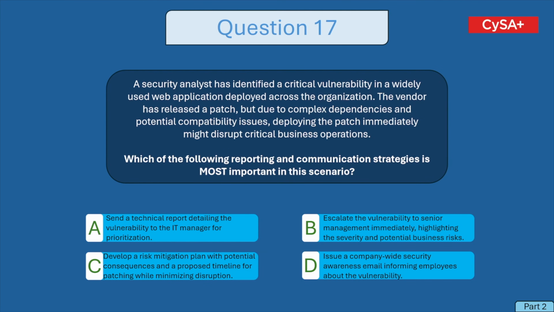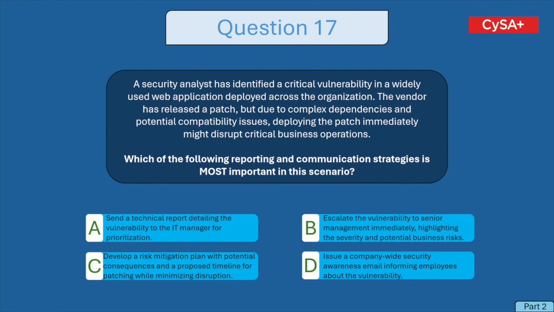Question 17. A security analyst has identified a critical vulnerability in a widely used web application deployed across the organization. The vendor has released a patch, but due to complex dependencies and potential compatibility issues, deploying the patch immediately might disrupt critical business operations. Which of the following reporting and communication strategies is most important in this scenario?